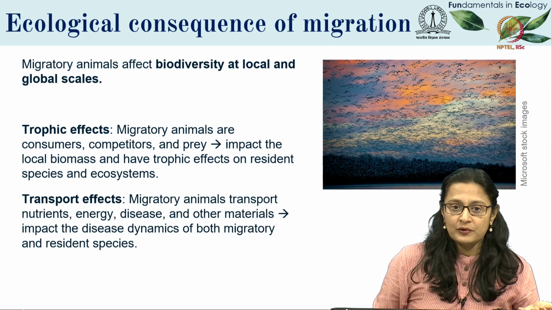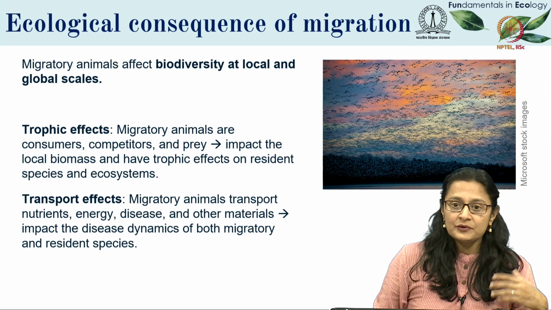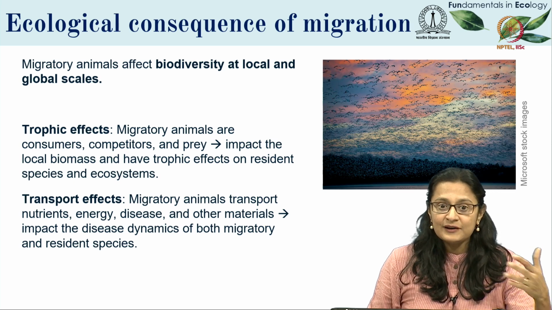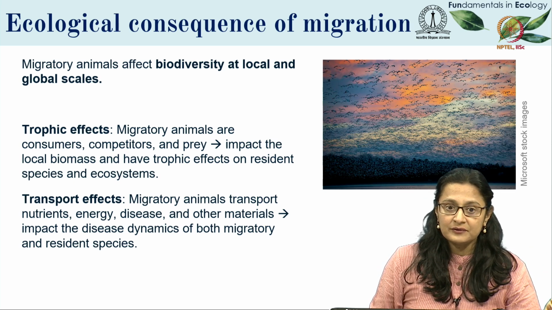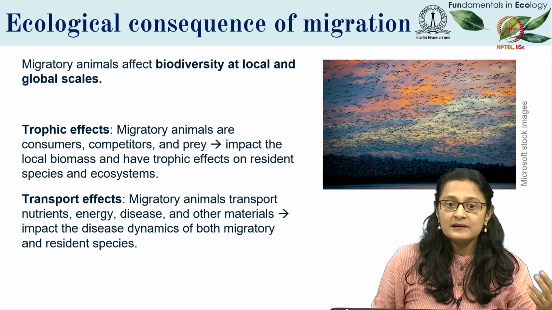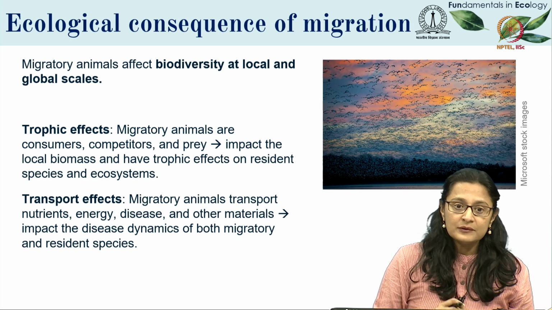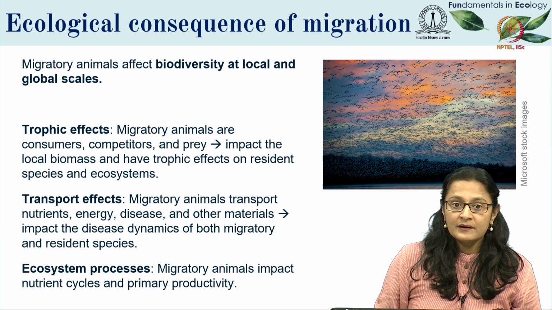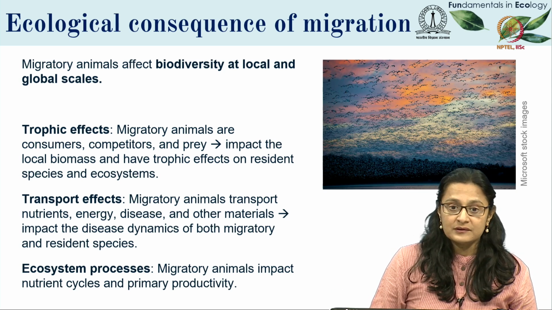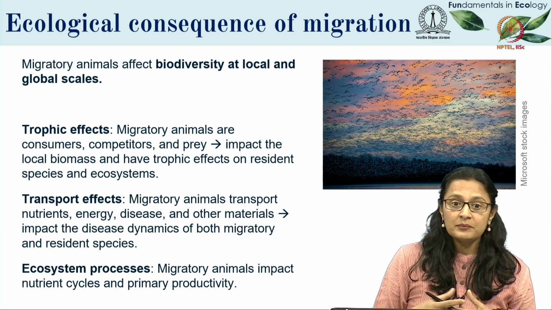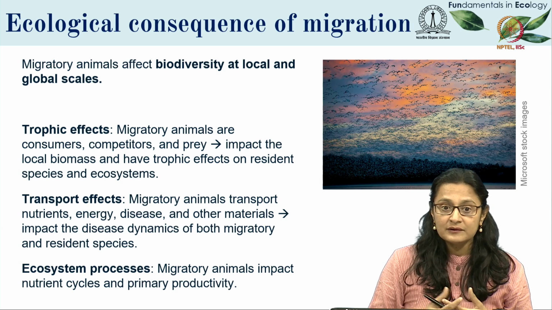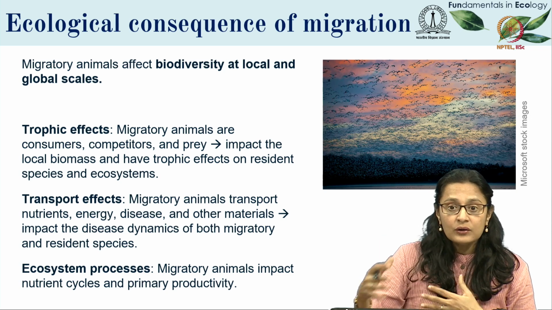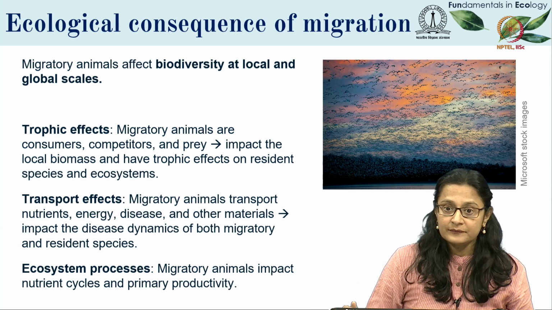They have transport effects. So migratory animals transport nutrients, energy, disease, and other materials. So that can impact disease dynamics of both the migratory and the resident species. It can affect ecosystem processes. So migratory animals impact nutrient cycle and primary productivity at all the locations that they stop at.